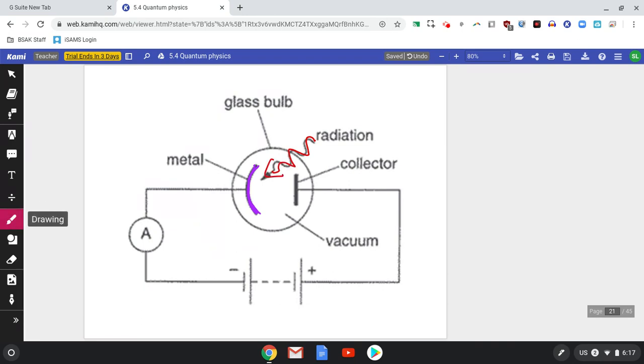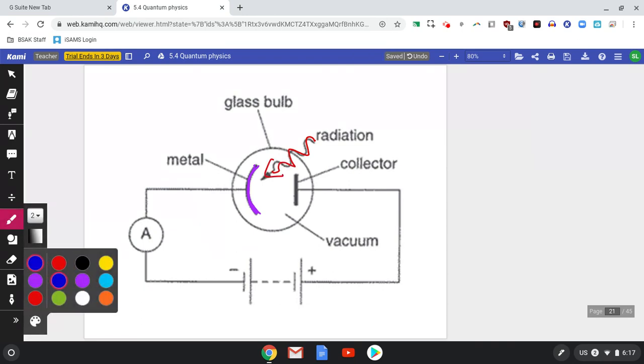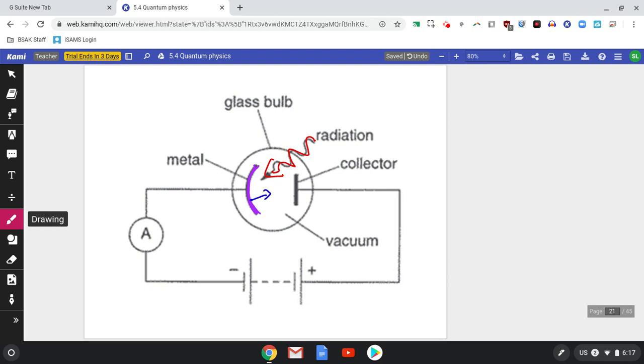Okay, now if the frequency is high enough, then electrons are emitted from the plate, and they're collected on the other side with the collector. And we can measure the current, because this will produce a complete circuit.